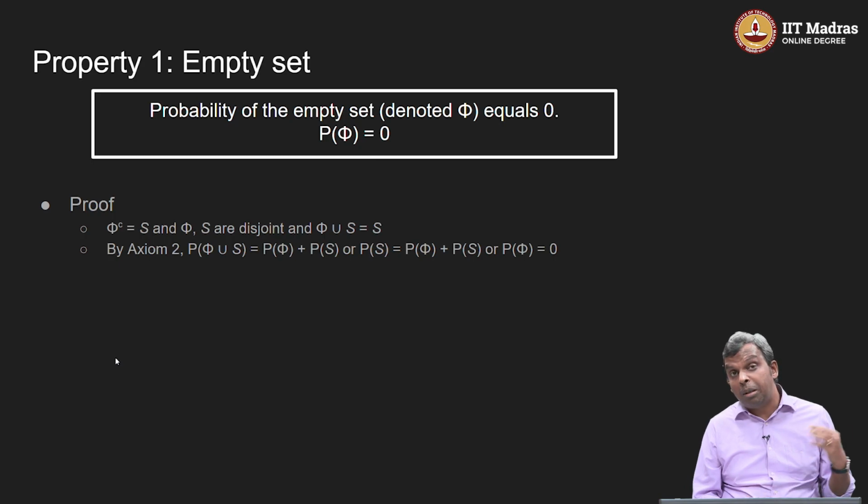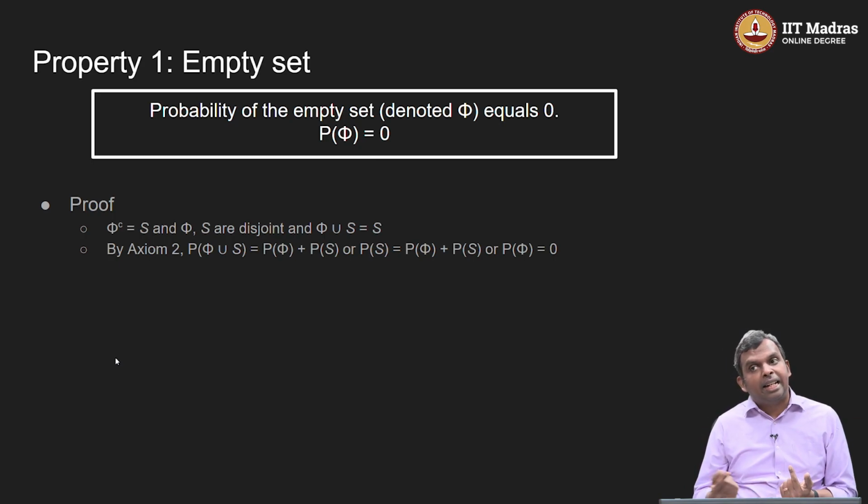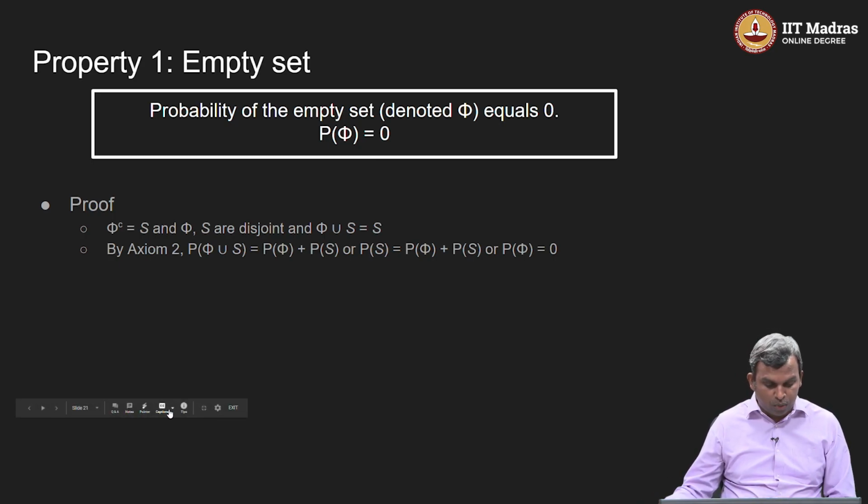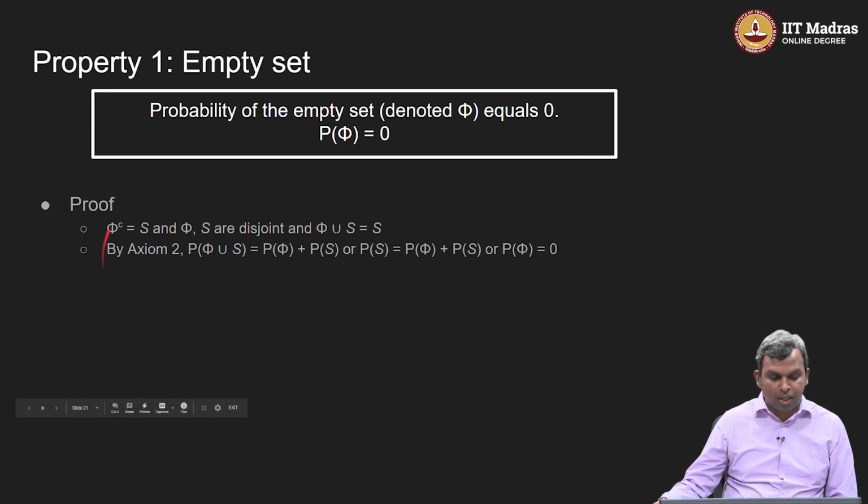You look at the complement of the empty set, that is the entire sample space S. Okay. So, that is the first observation. The next observation, maybe I should show you with this pointer here. Okay. So, the first observation I have is the complement of the empty set is the entire sample space S. The next observation I have is that phi and S are disjoint, right?